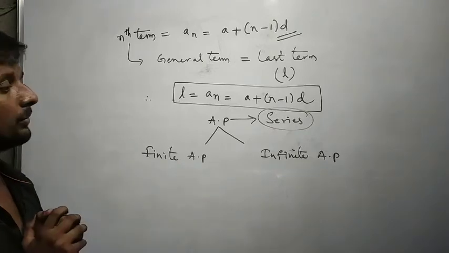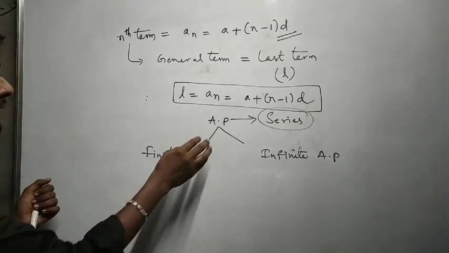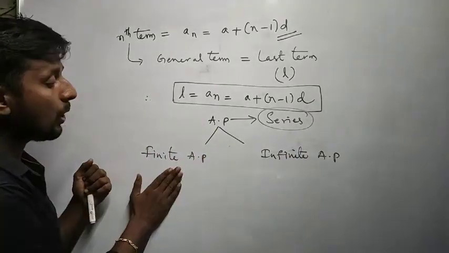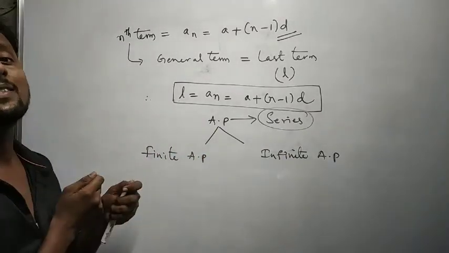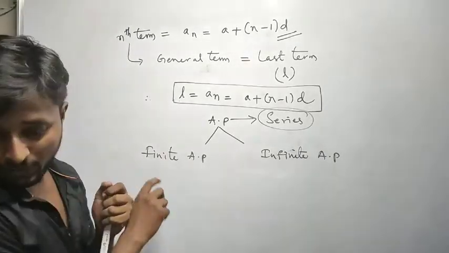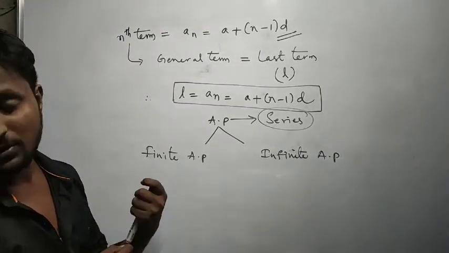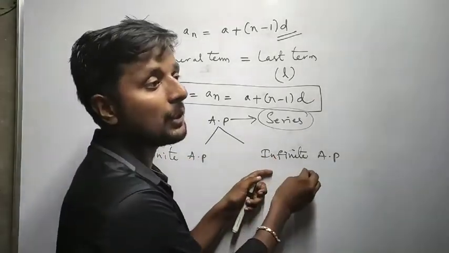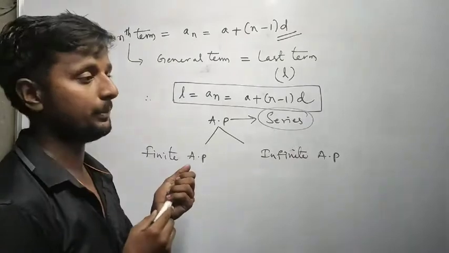The rule doesn't work for the first term. Now AP has two types: one is finite AP, one more is infinite AP. What is finite AP? If the number of terms of the series is finite, it is a finite AP. If the number of terms is infinite, that is infinite AP.